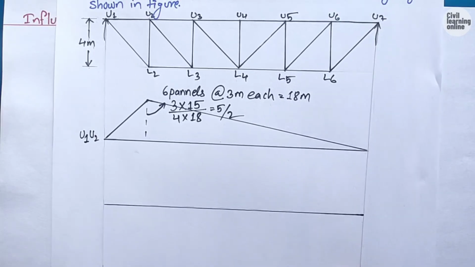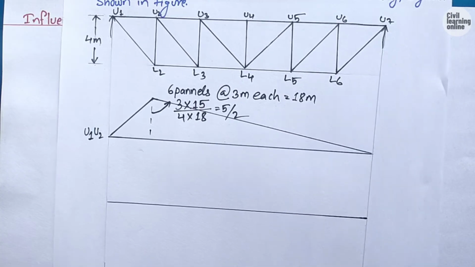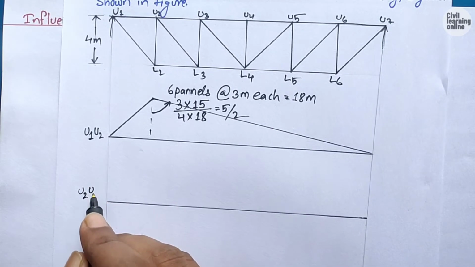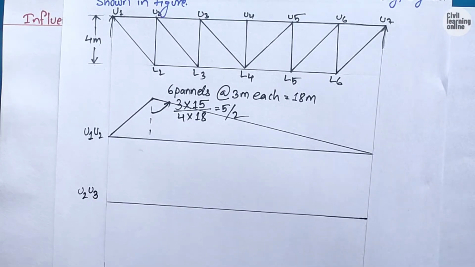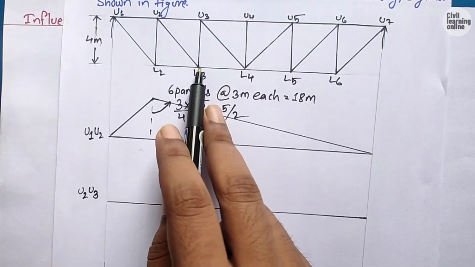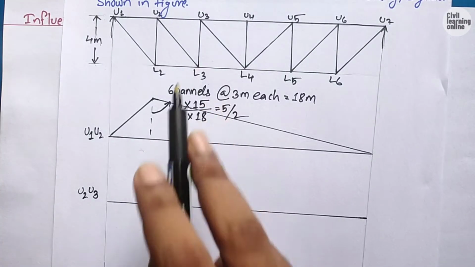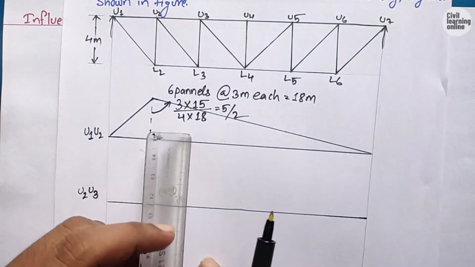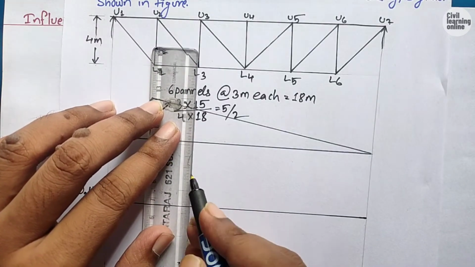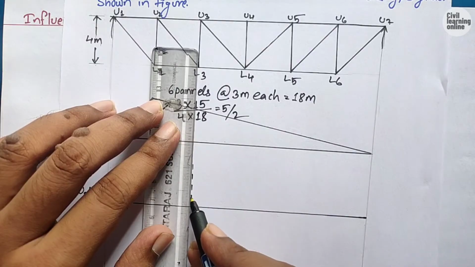Now guys, time for the upper chord members U2 and U3. So we will write here the influence line diagram for the members U2 and U3. The force carried by the members U2 and U3 will be transferred to the node L3. So we need to draw a straight line, and then we will find the height of the influence line diagram in this manner.